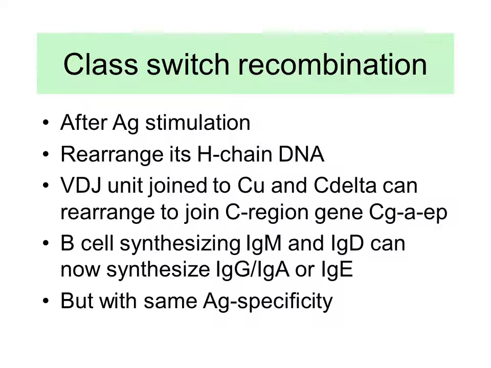And the good thing is that the antigen which stimulated the production of IgM and IgD, now the same antigen specificity is going to produce IgG, IgA, or IgE. So it's very antigen specific.